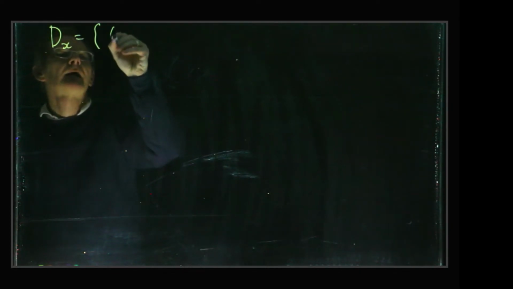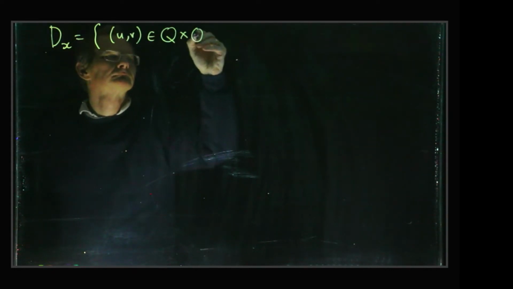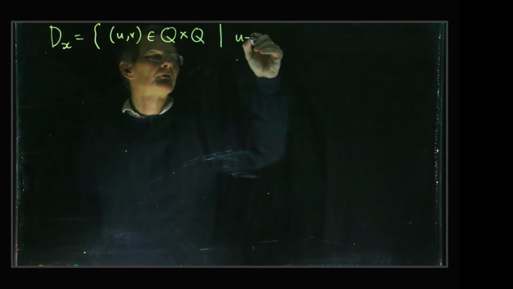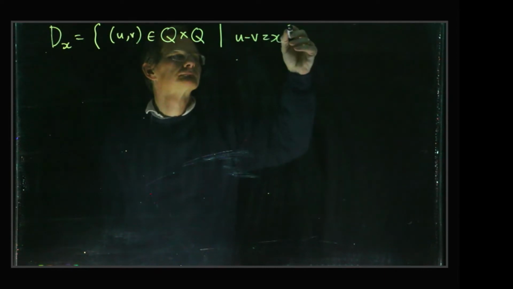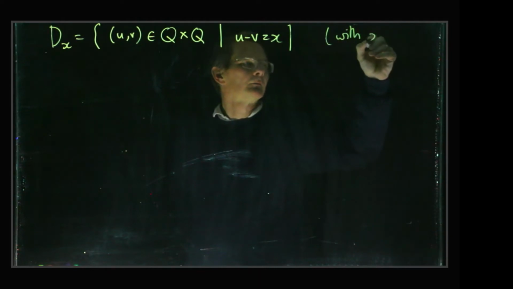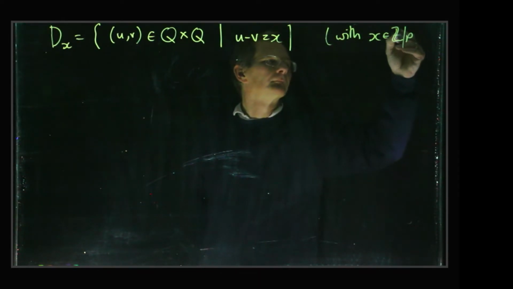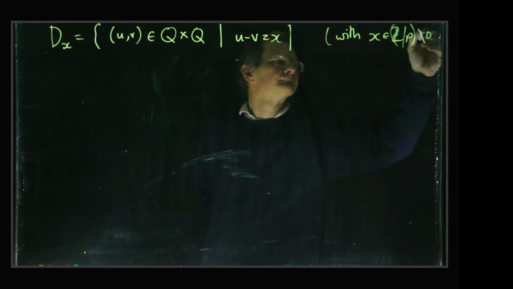Okay, so let's just write that again. So D_x, that's the set of pairs (u, v) in Q cross Q with u minus v equal to x. And here we're assuming x is some non-zero element of Z mod p.